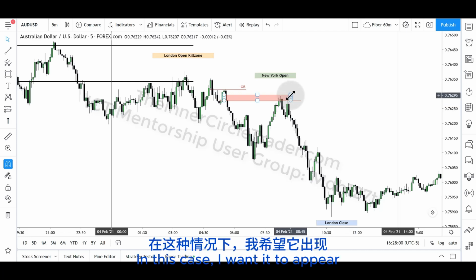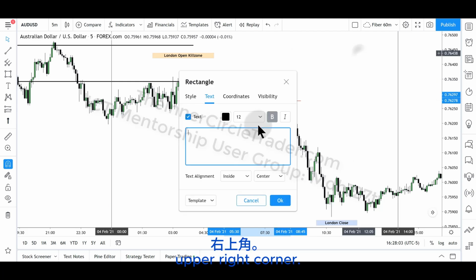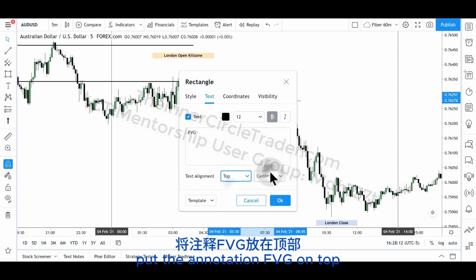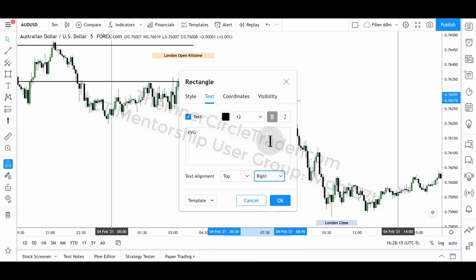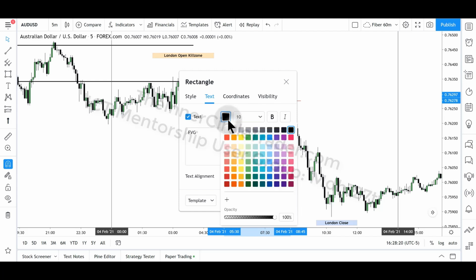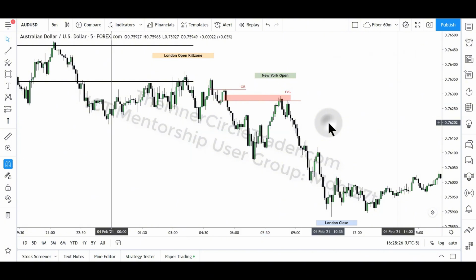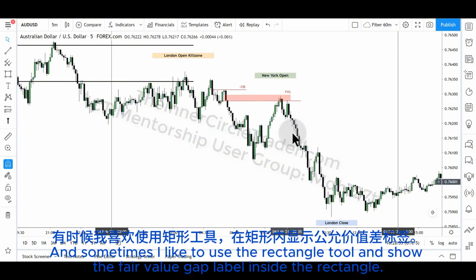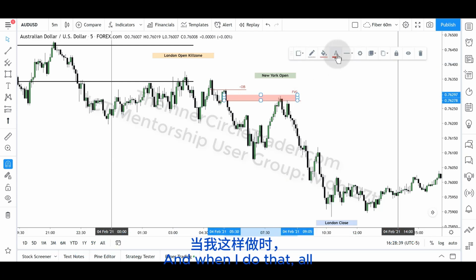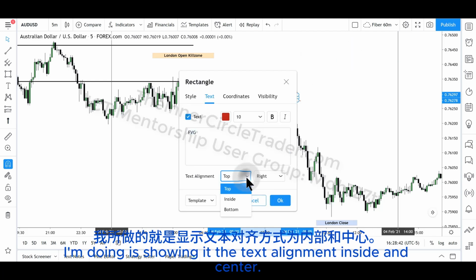In this case, I want it to appear above the upper right corner. So the way that I do that, put the annotation FVG on top right. And I like to keep the fonts at 10 unless it's inside the kill zone, then it's 12. Okay, and sometimes I'll elect to use the rectangle tool and show the fair value gap label inside the rectangle. And when I do that, all I'm doing is showing it the text alignment inside and center.